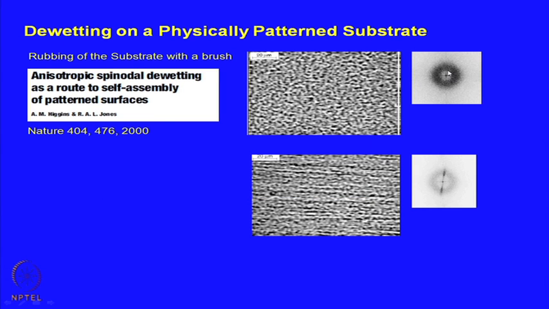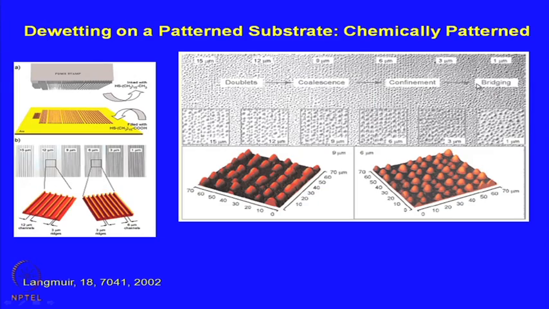Okay. So, this was a conceptual approach to show that indeed it becomes possible to align these structures, but you have to understand that a technique like rubbing is not going to work for an industrial application or for producing something in a reproducible manner. So, what has been a major approach is essentially to dewet on a topographically or a chemically patterned surface.